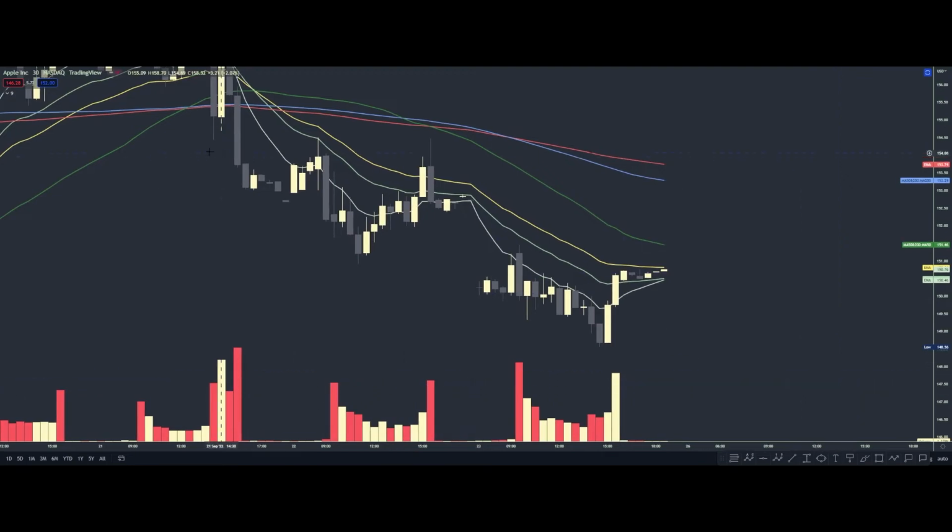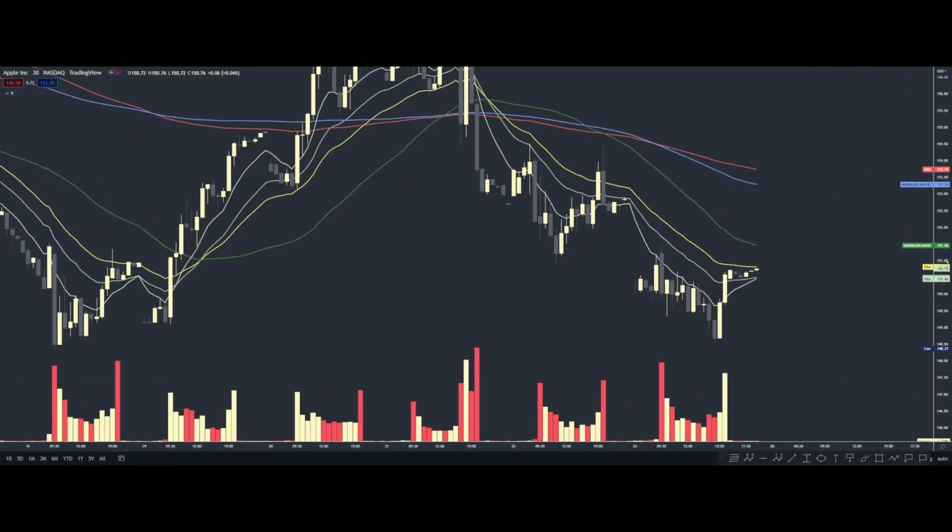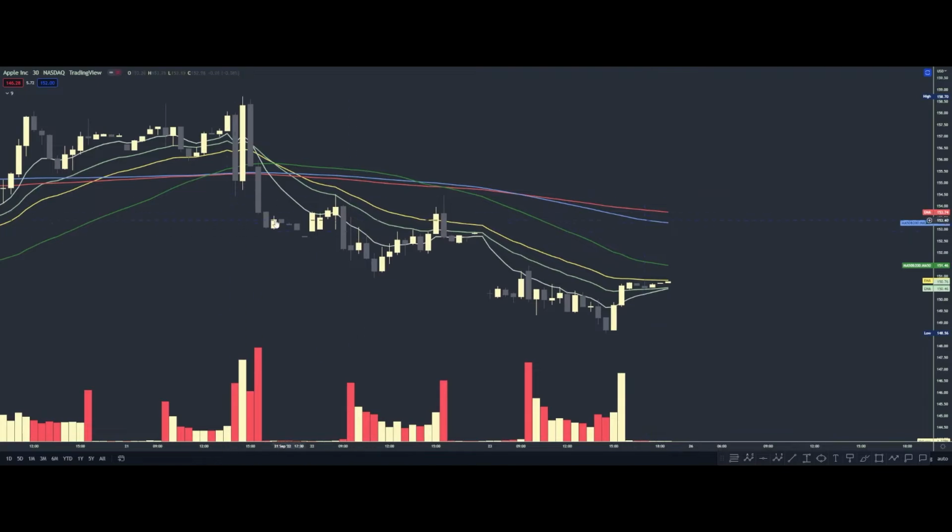Now, if we go back to this flush out from the 21st of September into the next day during pre-market at 8:30, we can see Apple flushed out overnight during after hours, then in the morning had a little jump towards that 20 EMA on the 30-minute and got rejected. 9 o'clock hits into open, we flush out, and then we bounce back.